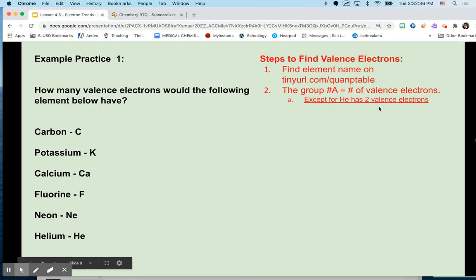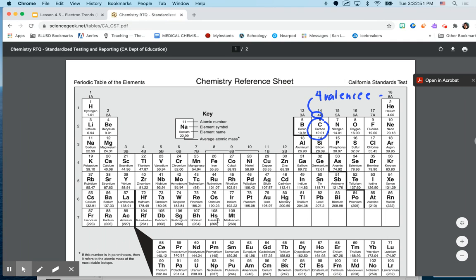Normally I have you go to ptable.com for the periodic table, but we're going to use a little simplified version of the periodic table. If you go to tinyurl.com/quanptable, it will take you here, the periodic table I was using earlier.